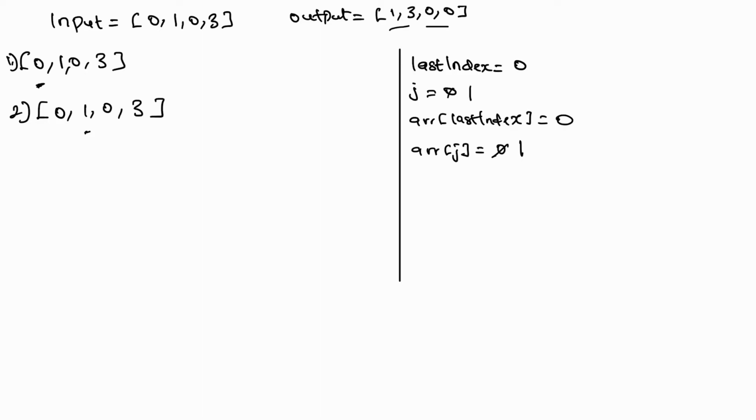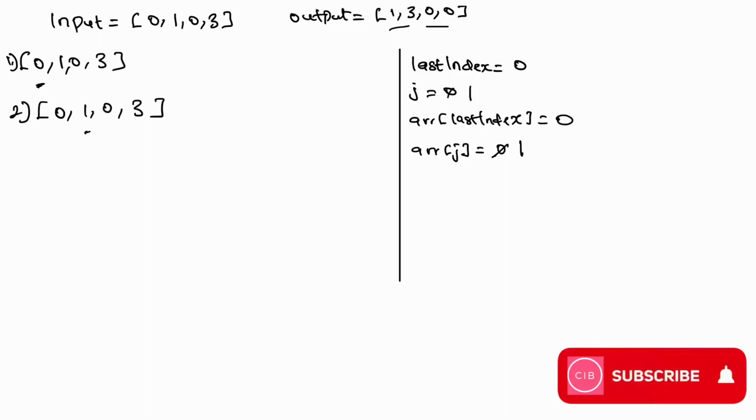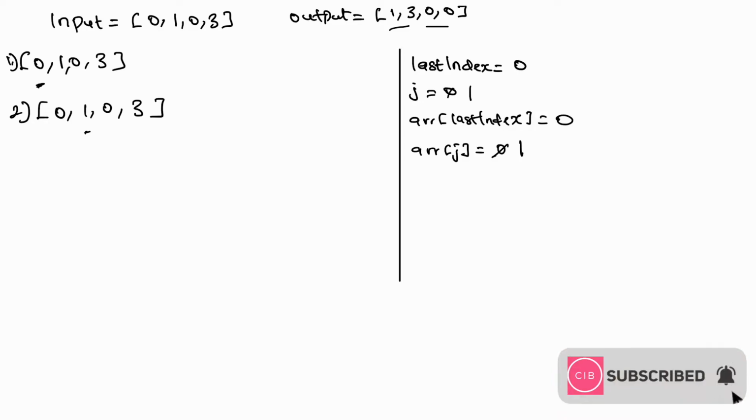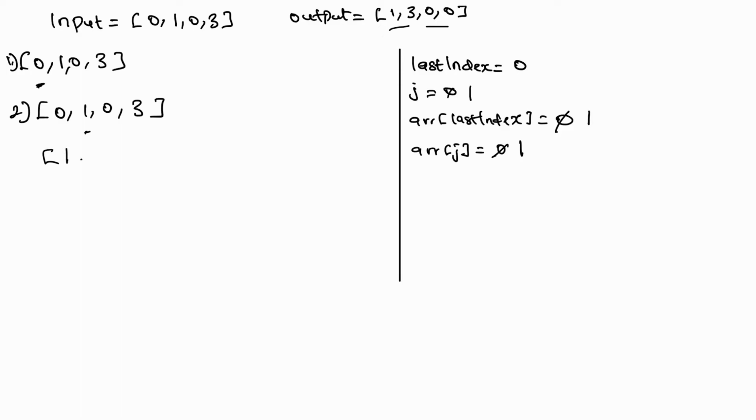Last index is 0, the array at last index is 0, but we are now assigning it the array at j, which is 1. So we have 1, 1, 0, 3. And we increment last index by 1, and we increment j by 1.